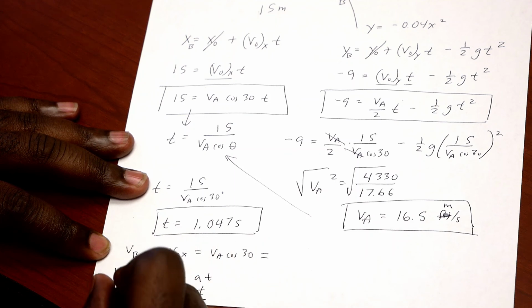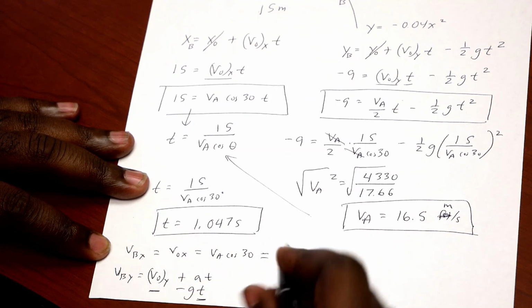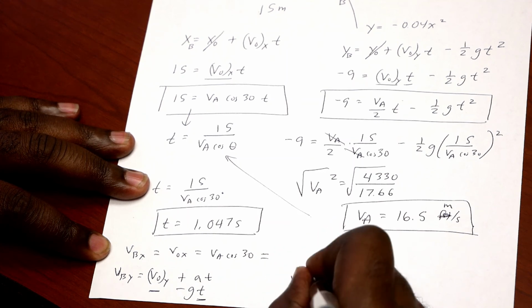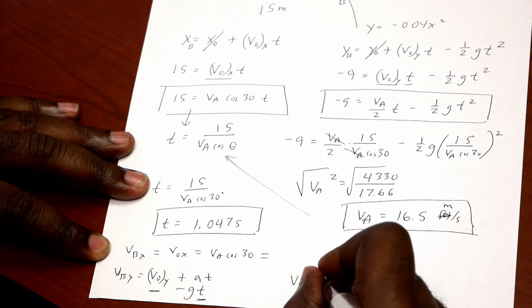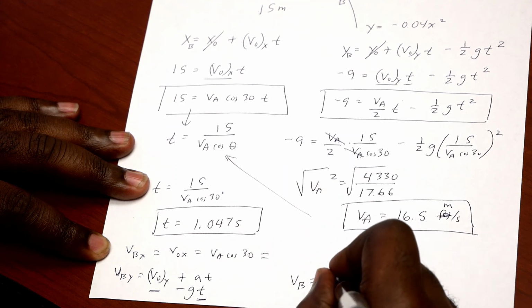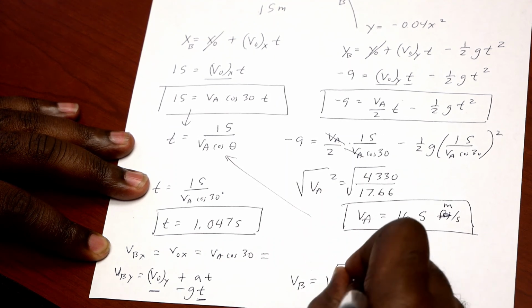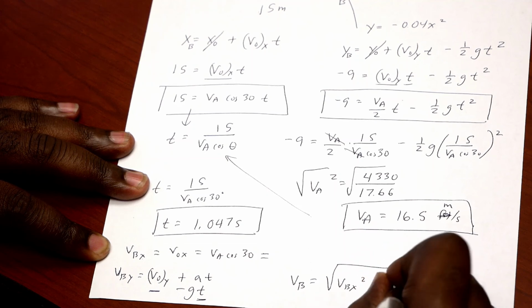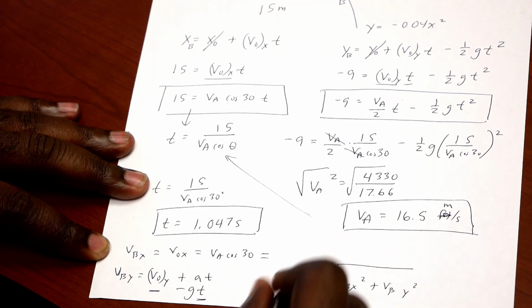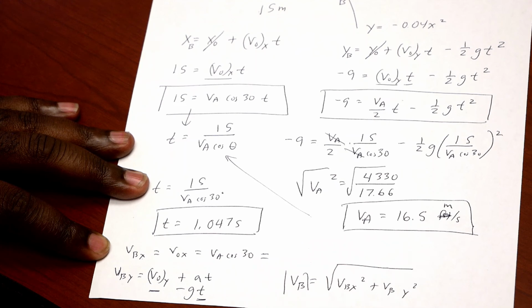Once we've determined what VBX and VBY are, then VB, because this is a vector, the magnitude of VB would be the square root of VBX squared plus VBY squared. So that would be the magnitude of VB.